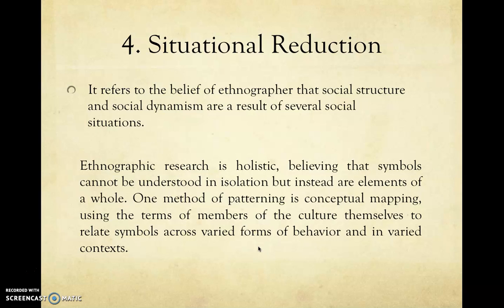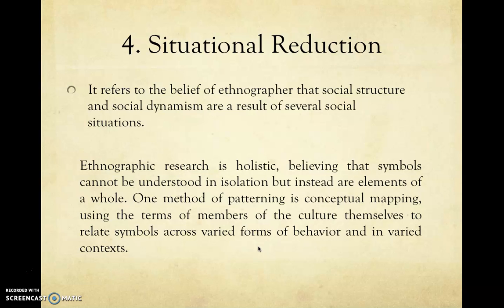As we know, ethnographic research is holistic in nature, believing that symbols cannot be understood in isolation. As I discussed earlier, they demand some type of chain, some link between the elements of the symbol.